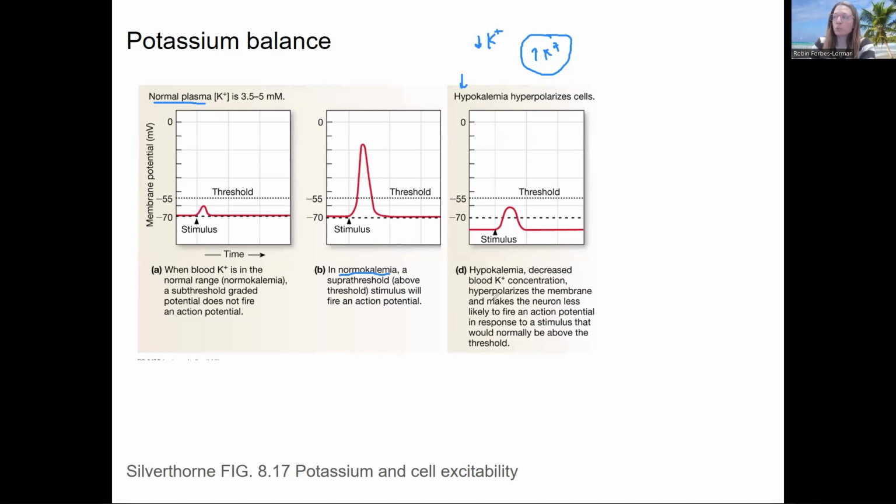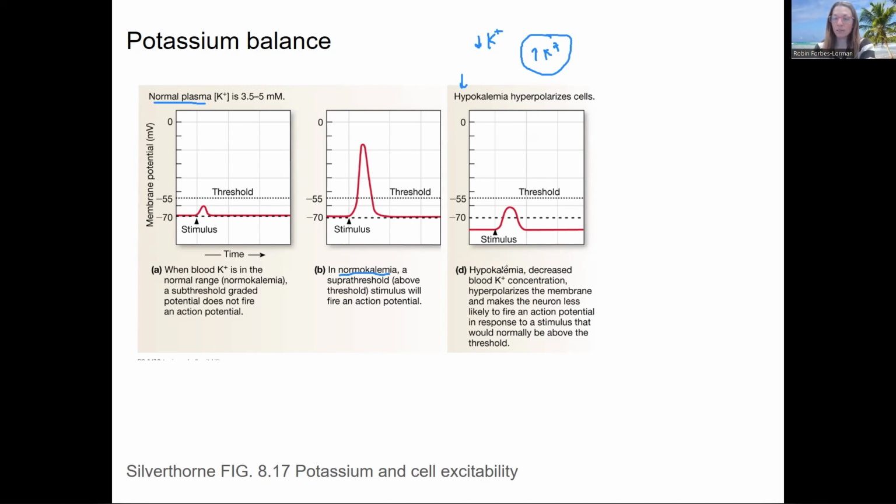This is going to cause hyperpolarization of the membrane. We have more potassium leaving than normal. Potassium normally leaves the cell through leak channels, but there's a larger drive than usual because of that hypokalemia, low levels on the outside. So more potassium will exit the cell, we have hyperpolarization, and it's more difficult to fire an action potential. This can cause muscle weakness.